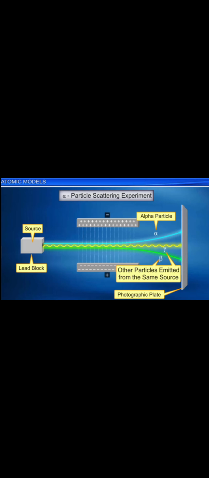We know certain radioactive elements emit radiation on their own, and this phenomenon is known as radioactivity. Emitted radiation is of three types: alpha rays, beta rays, and gamma rays.